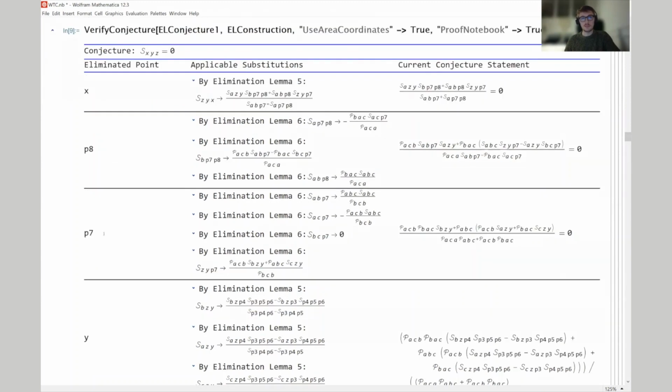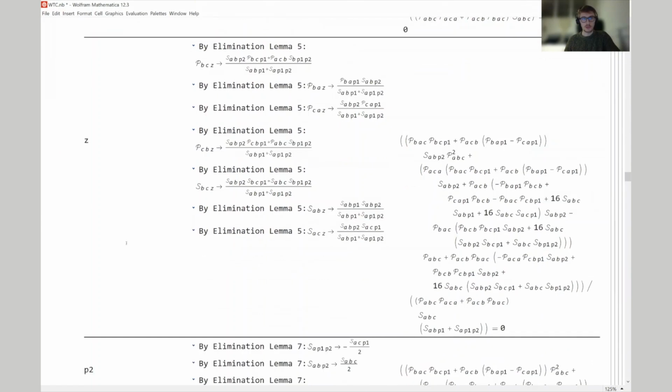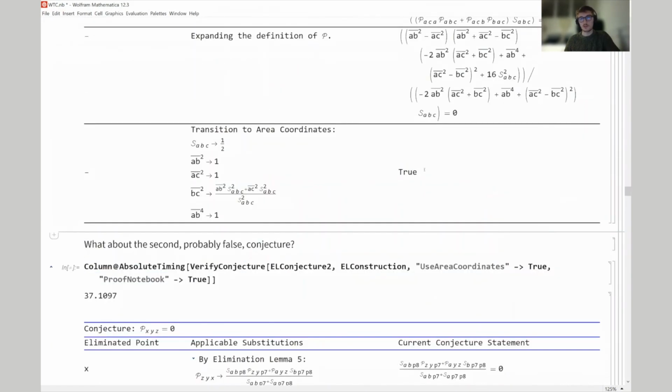And it proceeds by eliminating all constructed points in this fashion, finding all applicable elimination lemmas. And after some work, there are quite a few constructed points, so there are quite a few necessary steps. We find out that our conjecture resolves to true, which is the same as 0 equals 0. So we have found a proof for our theorem. The points x, y, and z, the circumcenter, orthocenter, and centroid are in fact collinear.